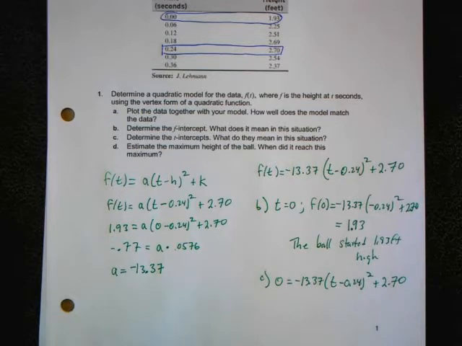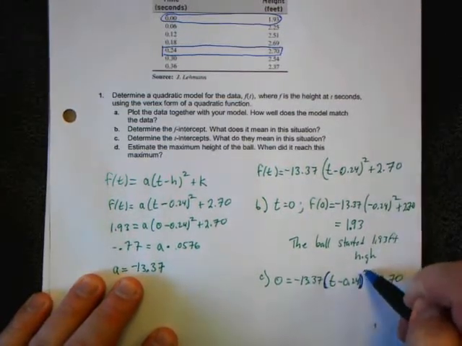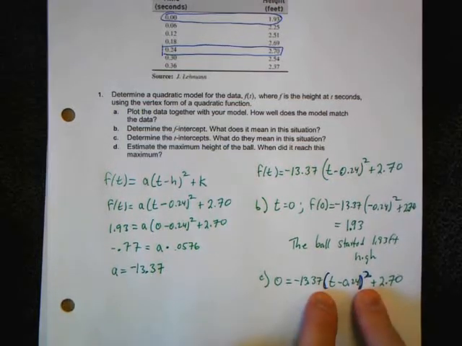Subtract the 2.7 and then divide by the negative 13.37. Excellent. What I see here is a parenthesis with the square. When I see that, that tells me I want to get that parenthesis alone and then do square roots.